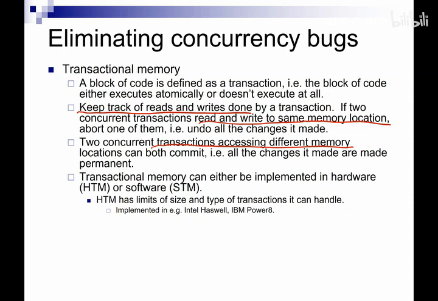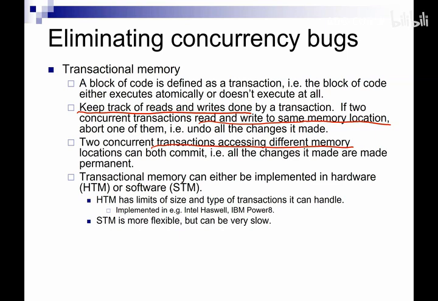Maybe it can handle transactions with a few hundred expressions, but not more than that. There are also limits on the types of transactions it can handle. However, because it's being done in hardware, it's usually quite fast. So you get good performance, but you can't handle all types of transactions.